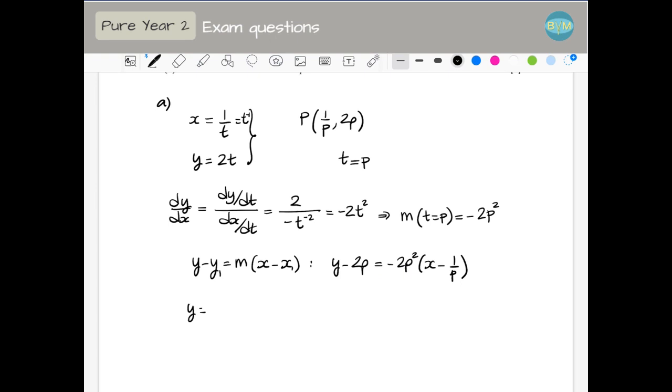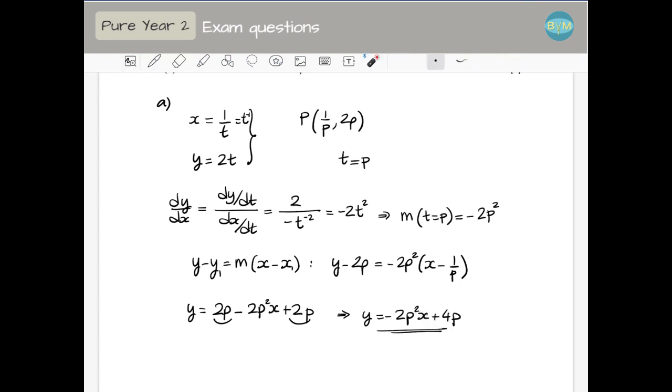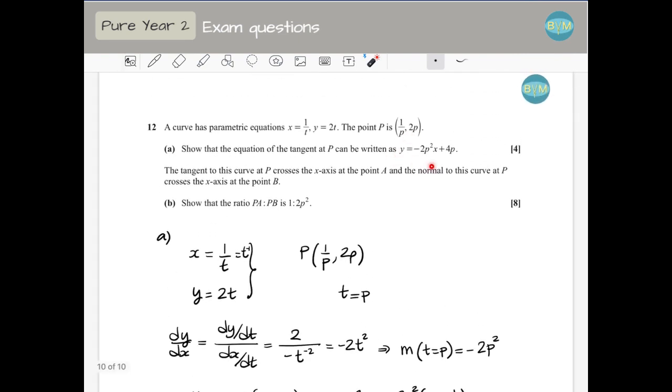So I have y is 2p on the other side minus 2p squared x, when I multiply plus 2, and then p squared divided by p is just p. This 2p with this 2p is 4p. So I have y equals minus 2p squared x plus 4p. And that's the line in the same way that they have written. Yeah, so that's part A.